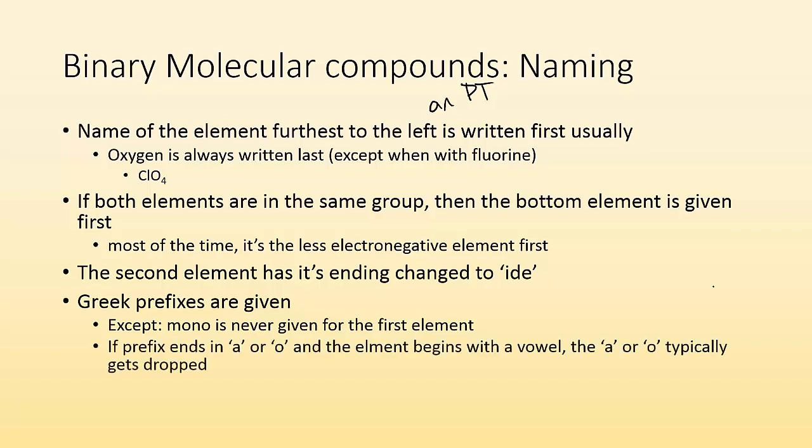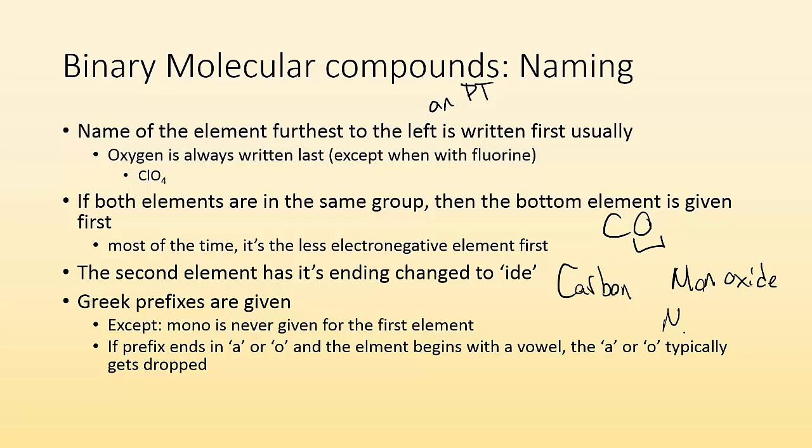If the prefix ends in an a or an o and the element begins with a vowel, the a or o typically gets dropped. For example, if you had CO, the name would be carbon, and then you have to say how many you have of the second element. So you would say monoxide.